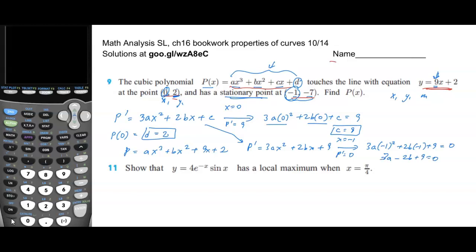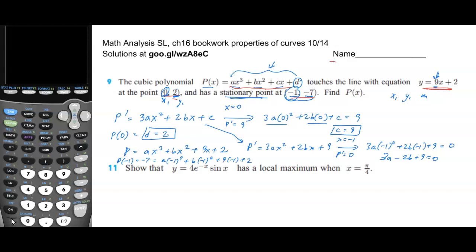Another thing we know is that (-1, -7) is a point on p. So if we put -1 and -7 in, we get a(-1) cubed plus b(-1) squared plus 9 times -1 plus 2 is equal to -7.